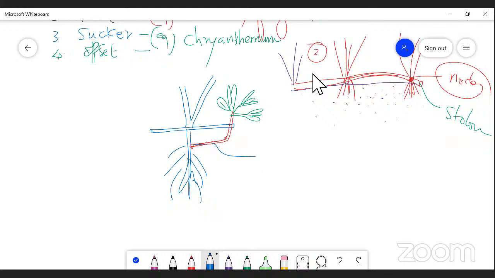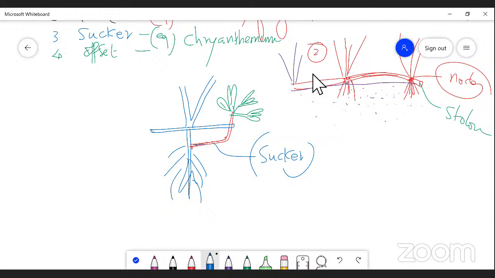A sucker is a lateral growth of the stem which arises directly, not from the seed, from the taproot system, and it grows horizontally to a certain distance. After that, it again turns to grow towards light. So this modified lateral growth of the stem is called a sucker. Sucker is identified in the case of Chrysanthemum.